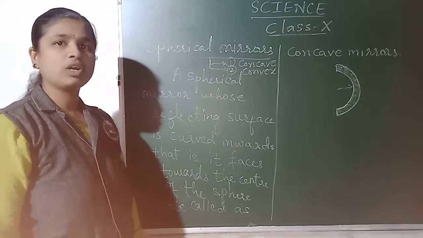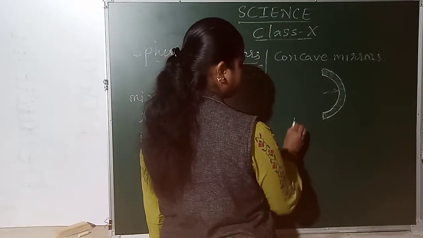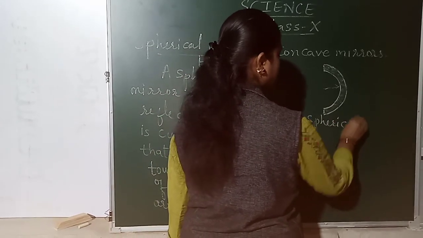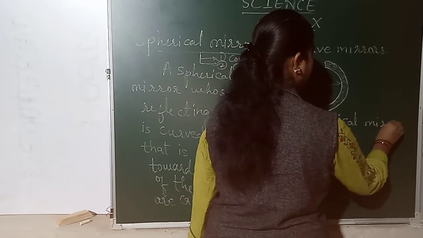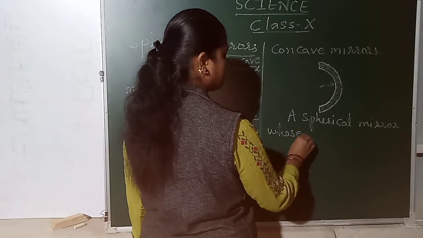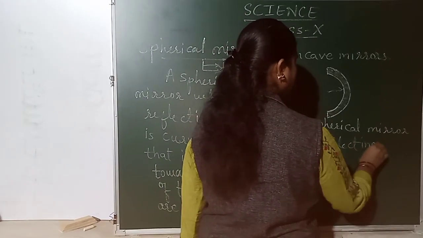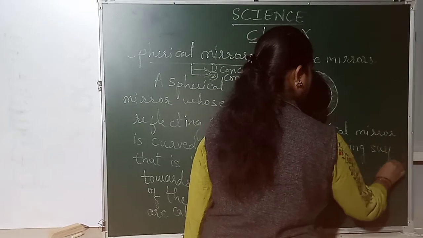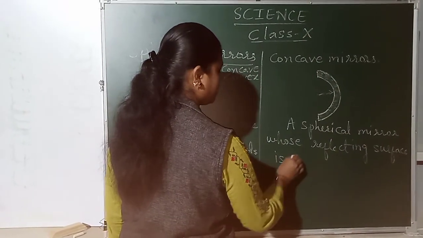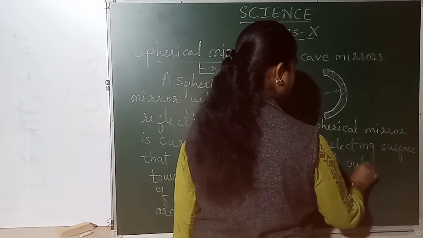Next, convex mirror. A convex mirror means a spherical mirror whose reflecting surface is curved outwards.